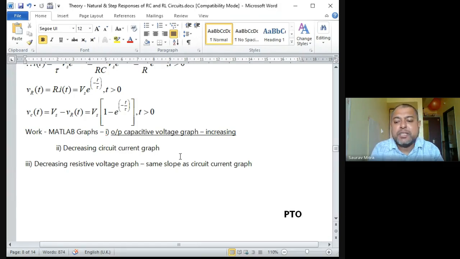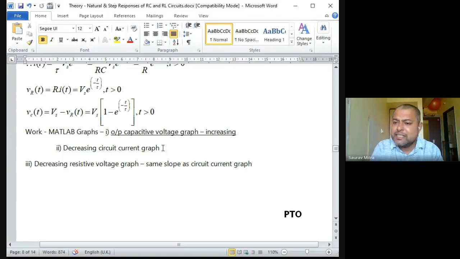As it is becoming an open circuit, what we find is the capacitance voltage is building and the circuit current is reducing. So you will find that capacitance voltage and capacitance current are actually opposite in nature. Capacitance voltage will keep on building up, and capacitance current or the circuit current or resistance current will keep on decreasing.